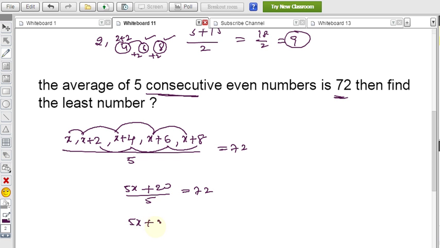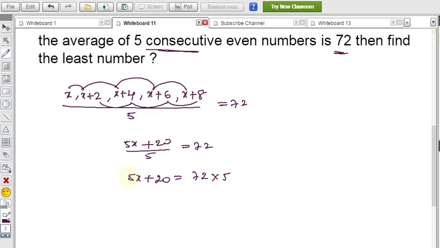So 5x plus 20 is 72 times 5, which is 360. Then 5x is 340, because we subtract 20.